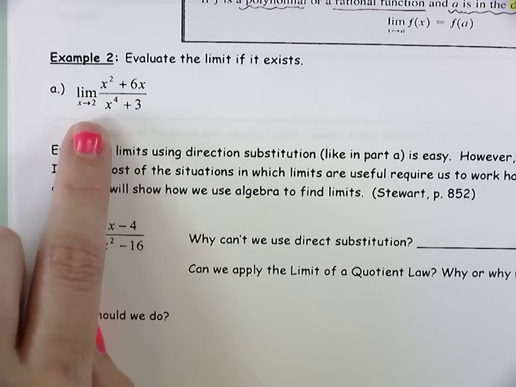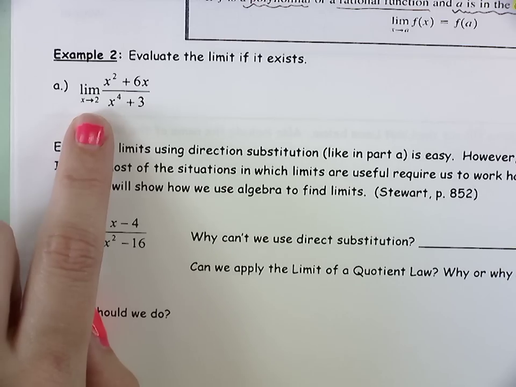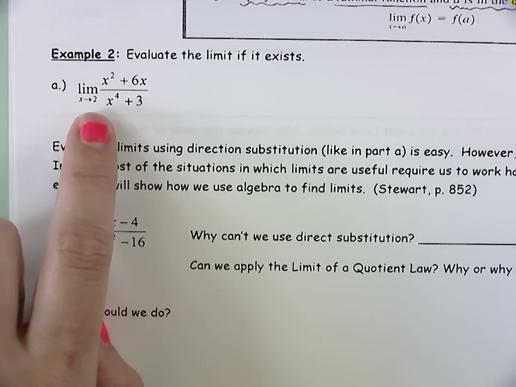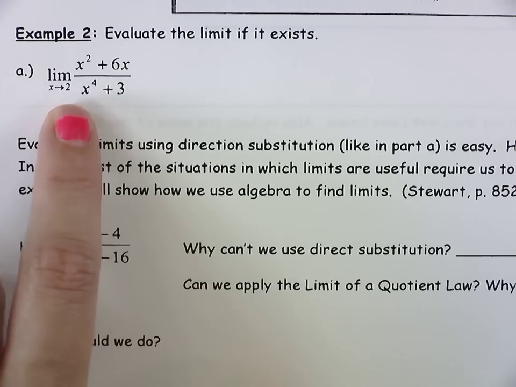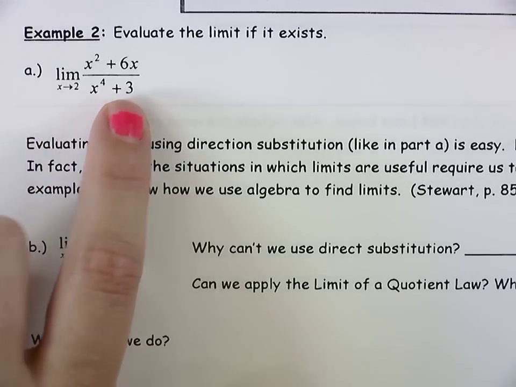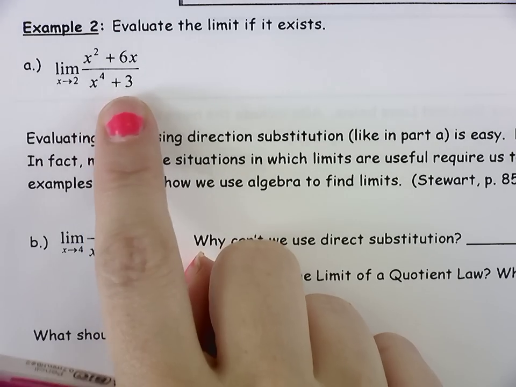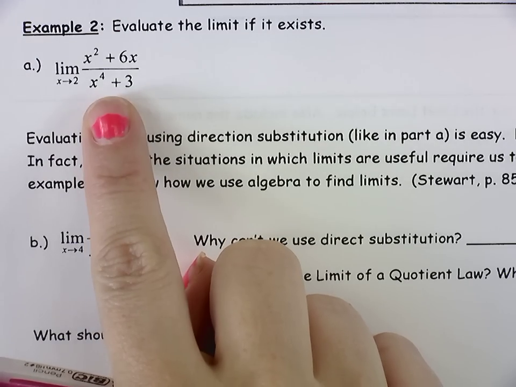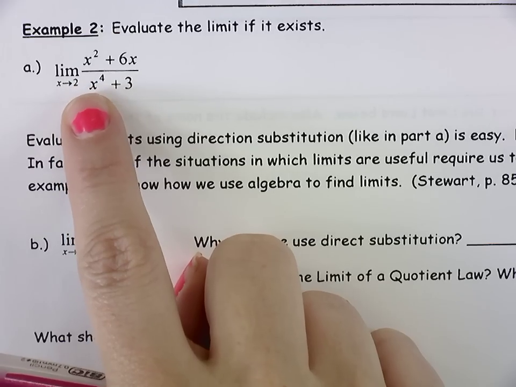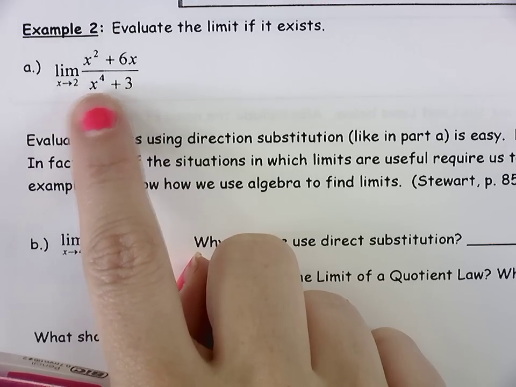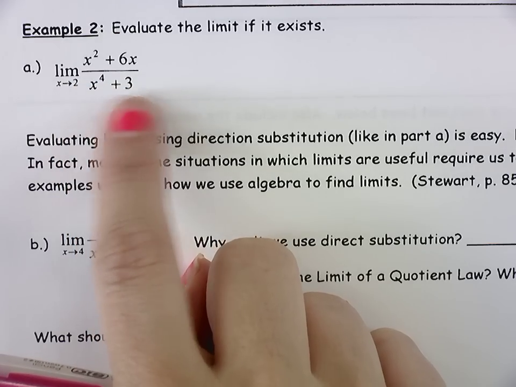If we can do direct substitution, that means that this is in the domain and we would get a valid answer. Like we said, we have to watch out and make sure that the denominator is not going to be 0. So if I plug in 2, okay, Megan, if I plug in 2, what am I going to get in the denominator?